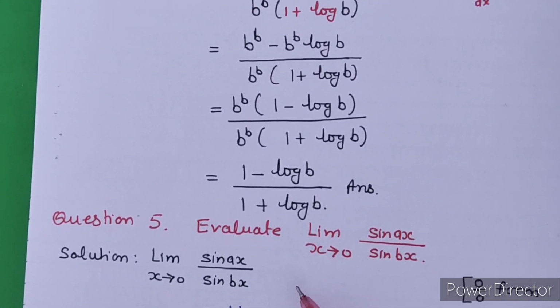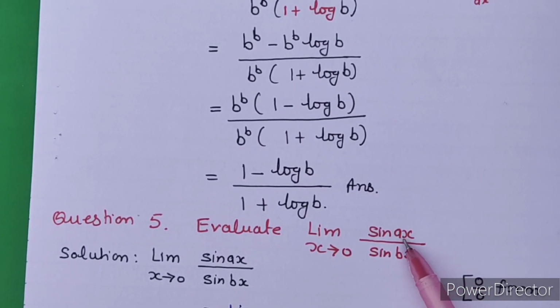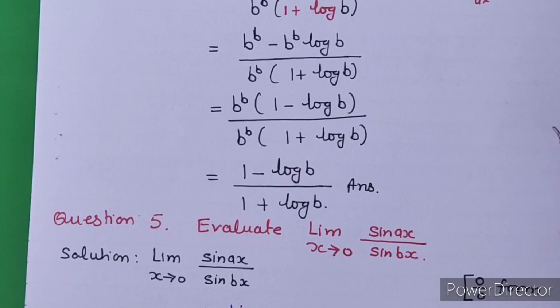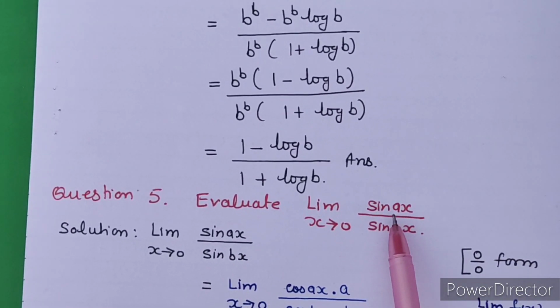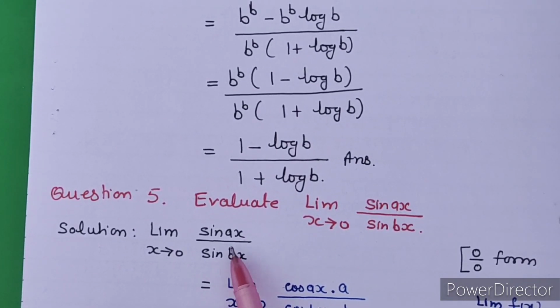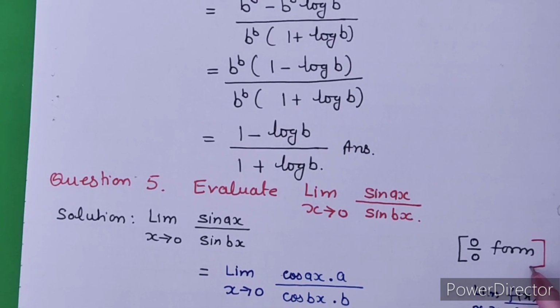Now one more example, you have already solved this question in your plus 2. Just divide and multiply by x and then multiply a and b, but here we will solve this question by using L'Hopital rule. Okay, so how? Look, your f of x is sin of ax here and g of x is sin of bx. So when I put x equal to 0, sin 0 is 0, and sin 0 is 0, so this is 0 by 0 form.